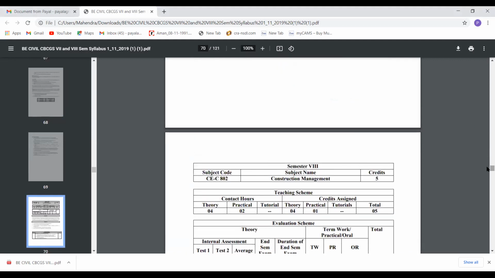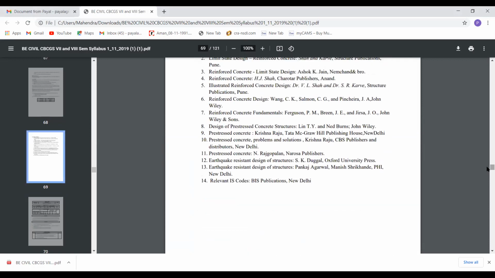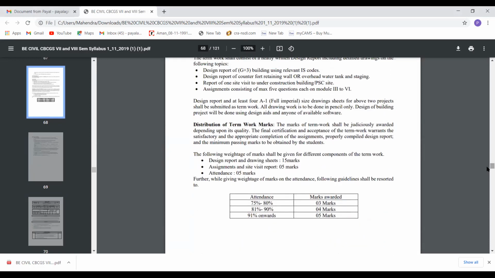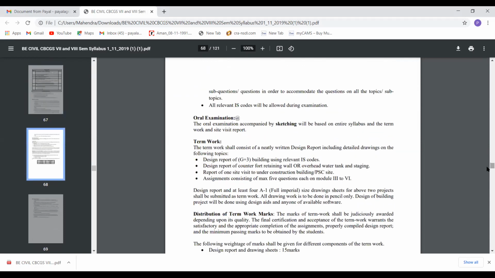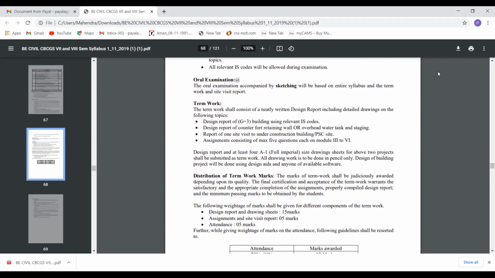Then next is your term work and the oral. The oral examination will also include sketching. Let's see when offline is started. Whenever offline starts, if offline is there, you can do the sketching.